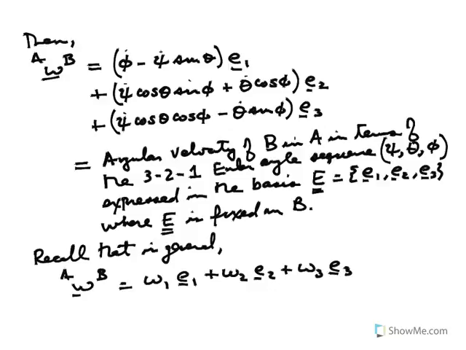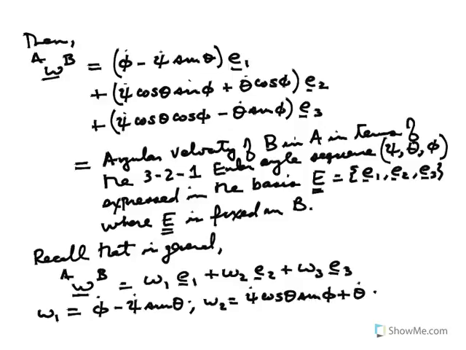As a result, you can see that these three quantities, omega 1 is equal to phi dot minus psi dot sine theta, omega 2 is equal to psi dot cosine theta sine phi plus theta dot cosine phi, and omega 3 is equal to psi dot cosine theta times the cosine of phi minus theta dot times the sine of phi. And we'll notice something.